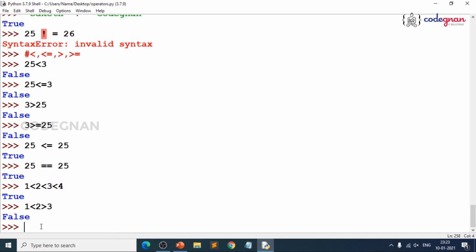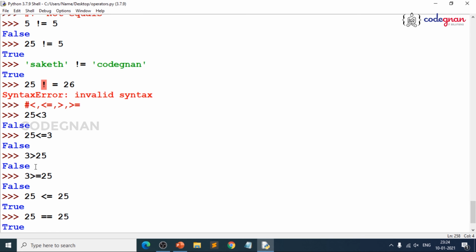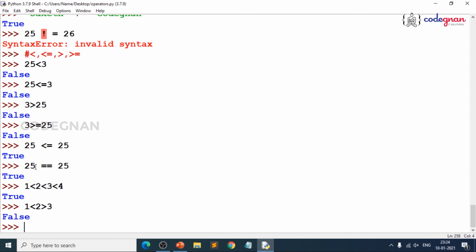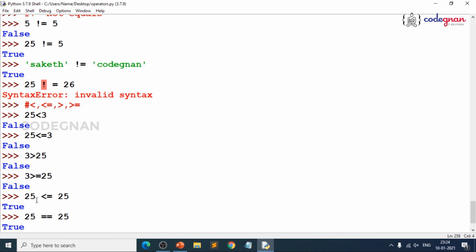No, 2 greater than 3 is false. That's where you evaluate the logic in a comparison manner, which is easy to understand. If you use the same logic by framing a print statement along with conditions, you get a different result instead of Boolean, which you will understand when we go for the conditional statement.